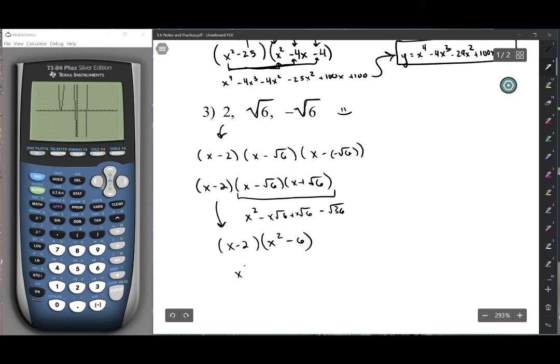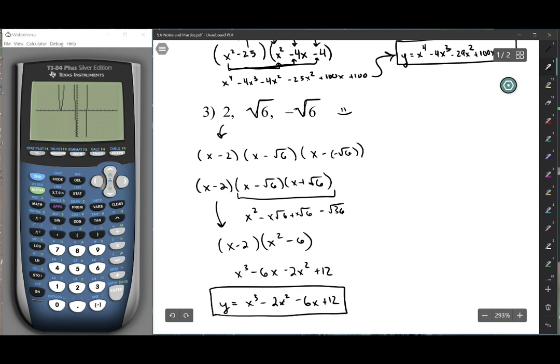So that's x to the third minus 6x minus 2x squared plus 12. If you want to write it in proper form, x to the third minus 2x squared, and then minus 6x plus 12. Okay, so that one, hey, that was a little easier one for you.